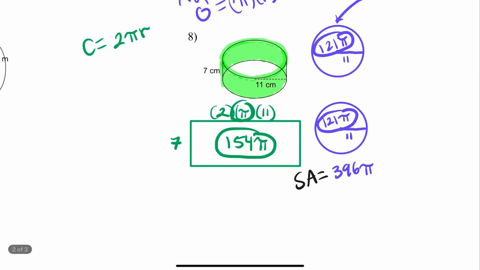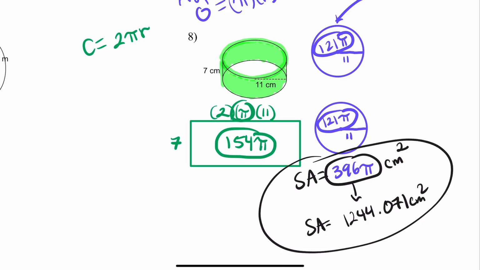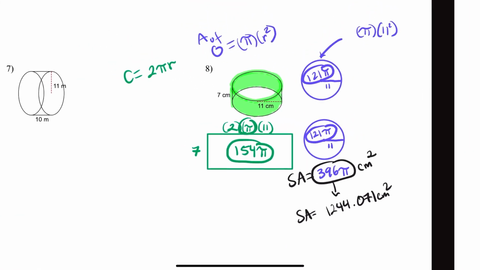So either your answer is 396 pi if you leave it in pi form, or if you want the full decimal, it's going to be 1244.071. The units are still centimeters squared because it's area, centimeters squared. That's your answer there. Here's all the work for that.